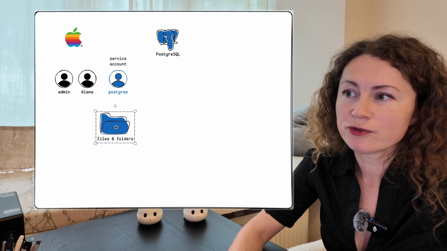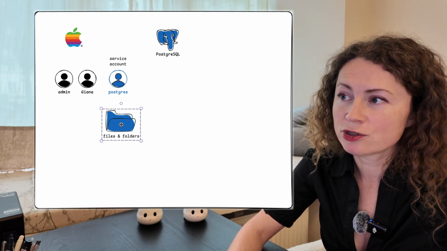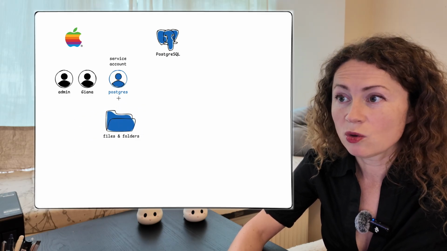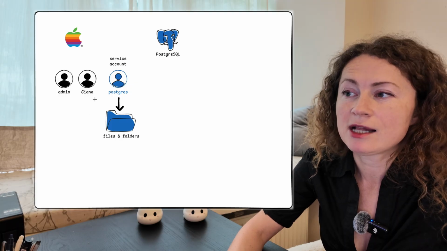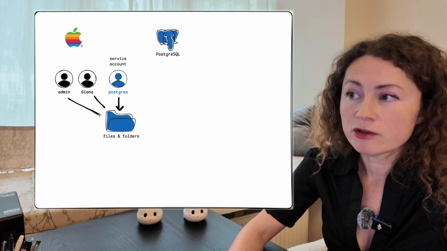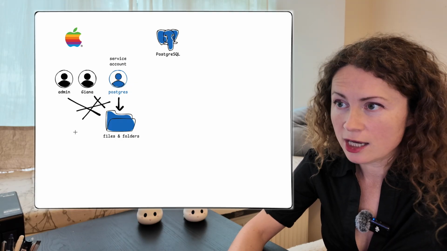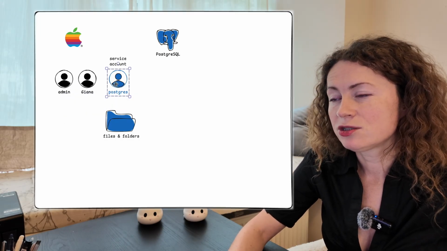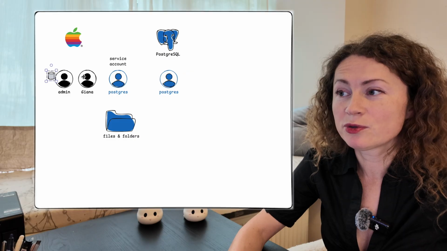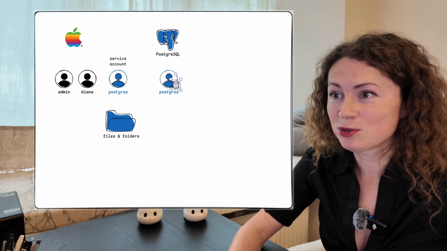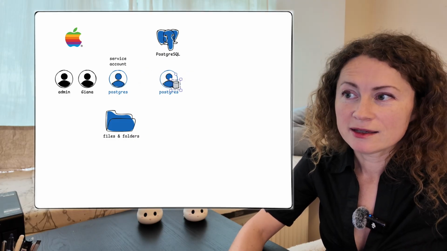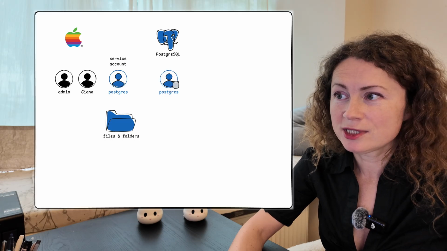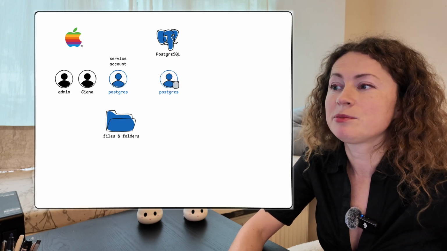Then the installer configures permissions for this service account Postgres so that it owns the database files and folders, and so that other accounts, neither admin nor Gianna, can access these files. Finally, the installer creates the second Postgres user, the database superuser role. On a Mac, the installer asks you to set the password for this database role.